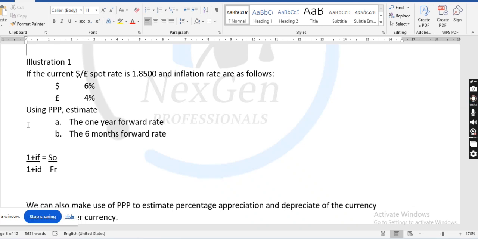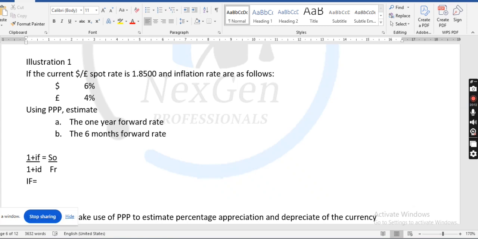Now, in this case, we want to determine the 1 year forward rate. So what will be the domestic currency? IF, ID. What will be the domestic inflation?